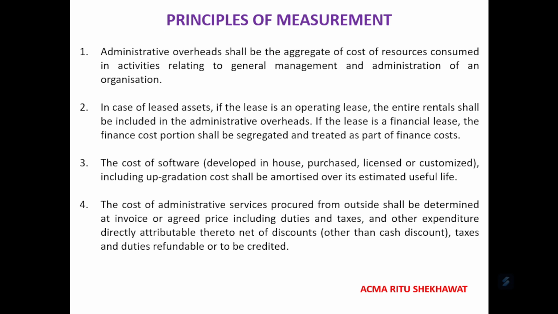The second point says that the tenure of the lease decided between lessee and lessor is almost or equal to the useful life of the asset. If the life of the asset is equal to the tenure of the lease, then this is also called a finance lease.